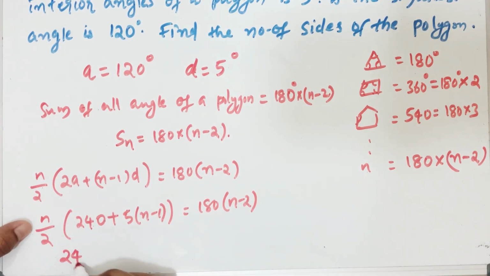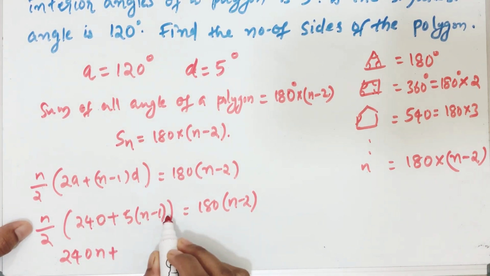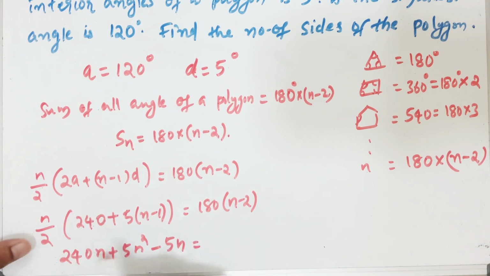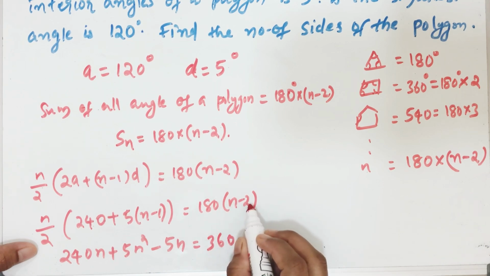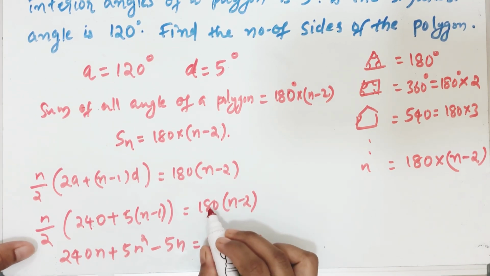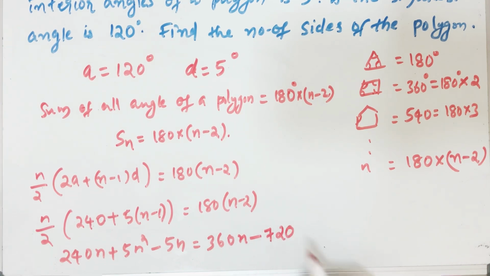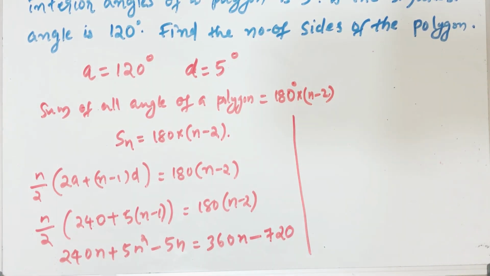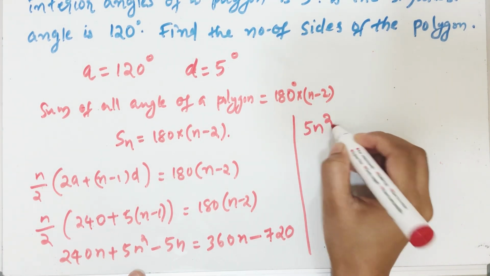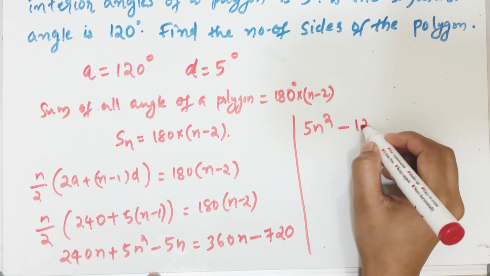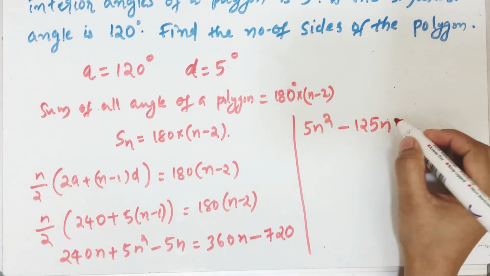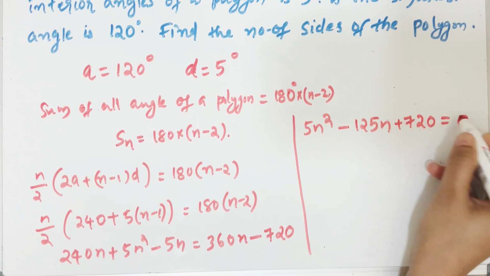This is 240n plus 5n minus 5 into n, that is 5n square minus 5n equal to 2 to this side, that is 360 into n minus 2, that is 360n minus 360 into 2, 720, which is equal to 5n square. Now terms of n, 240n minus 5n minus 360n, which is equal to minus 125n plus 720 equal to 0.